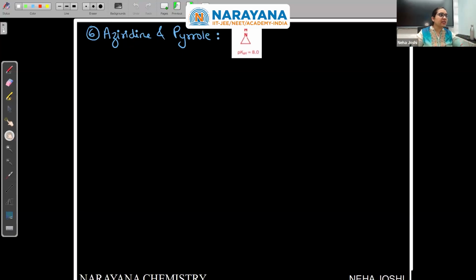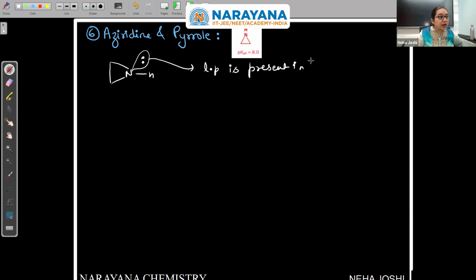See, aziridine is a 3-member ring in which the percentage S character of this exocyclic lone pair is quite high. Okay, 3-member ring are always an exception. We'll talk for this in future also. But here, this lone pair is present in hybrid orbital with higher percentage S than a normal sp3.